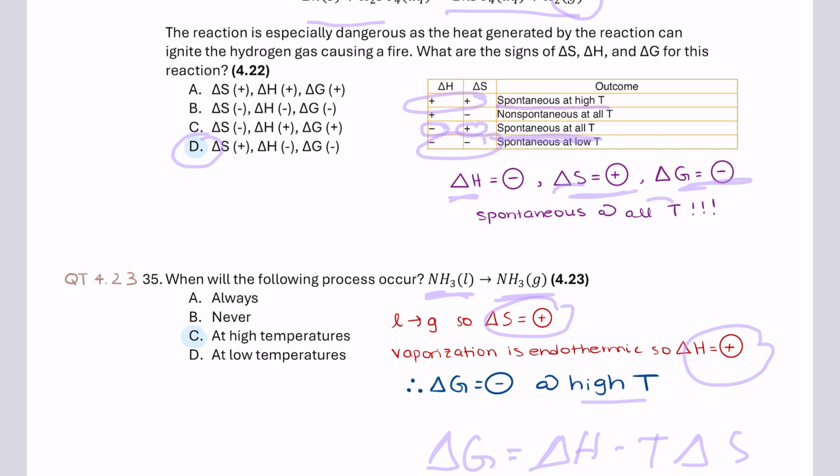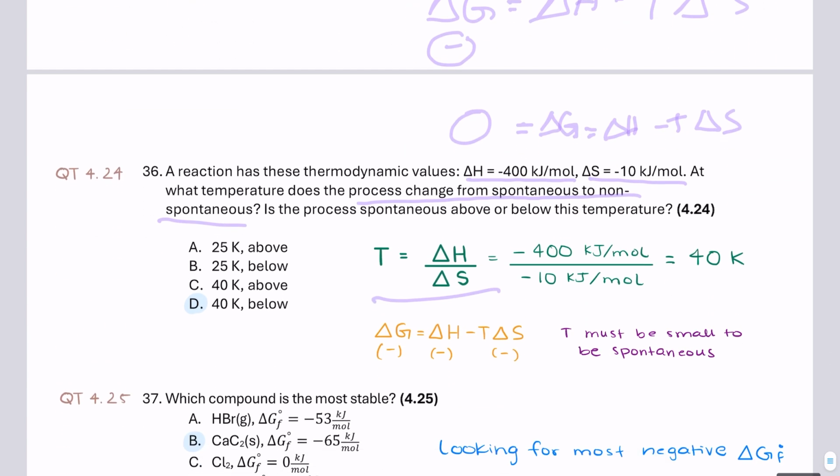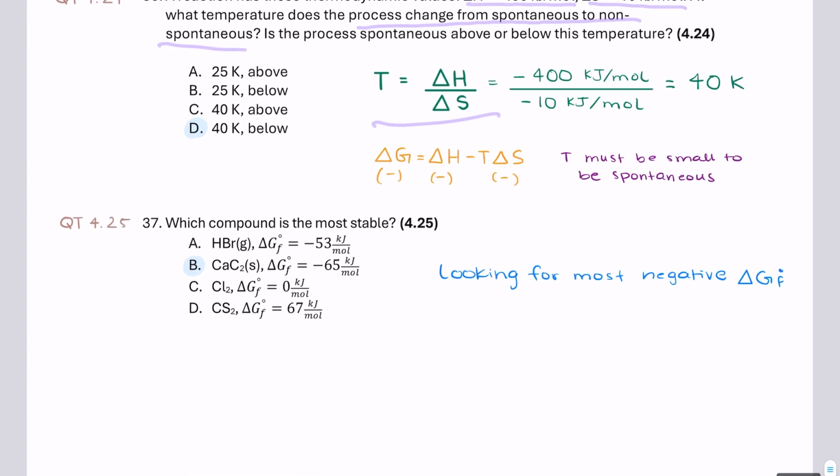But at higher temperatures, the T delta S term becomes large enough to overcome the negative enthalpy, and then delta G becomes positive. That means that the reaction stops being spontaneous in that case. So we conclude the reaction is spontaneous below 40 Kelvin and non-spontaneous above that temperature. So the correct answer here is D.